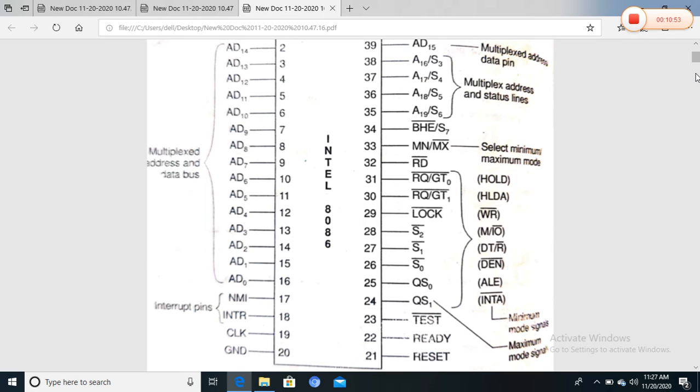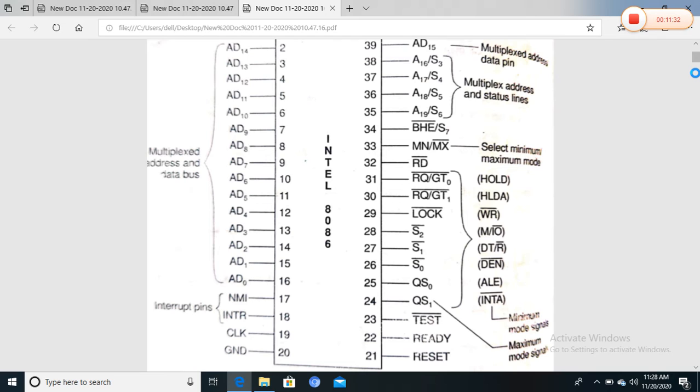With S3 and S4 at 00 it is the extra segment memory, 01 the stack segment memory, 10 the code segment memory, and 11 the data segment memory. It gives the status to identify the memory segment. S5 gives the status of the interrupt flag, and S6 is always 0.